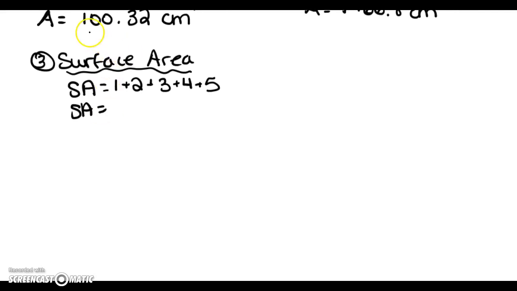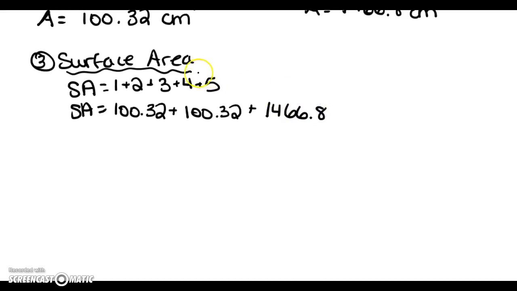So you're going to take the area of your triangle, which was 100.32. Then your second shape was that triangle as well, so add it again. And then add it with the area of your rectangle, which was 1,466.8. And shapes 4 and 5 were those exact same rectangles, so just add it again twice.